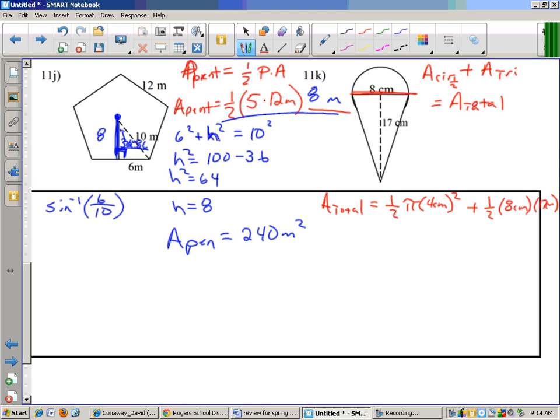So multiplying that out, that's going to be 8 pi centimeters squared plus 4 times 17, that's 68 centimeters squared. Add those together for me, and it should be somewhere in the neighborhood of 93.